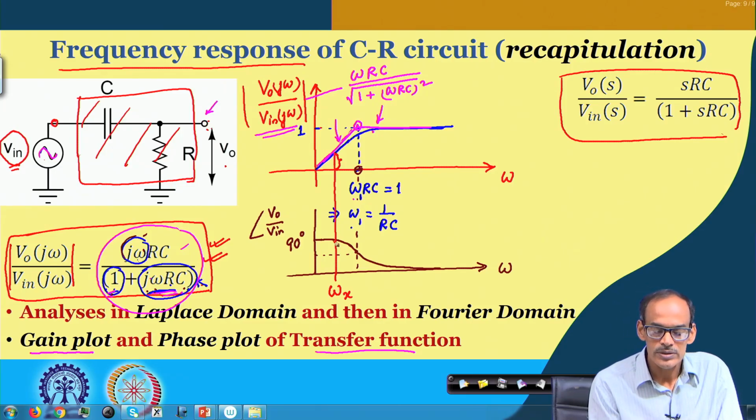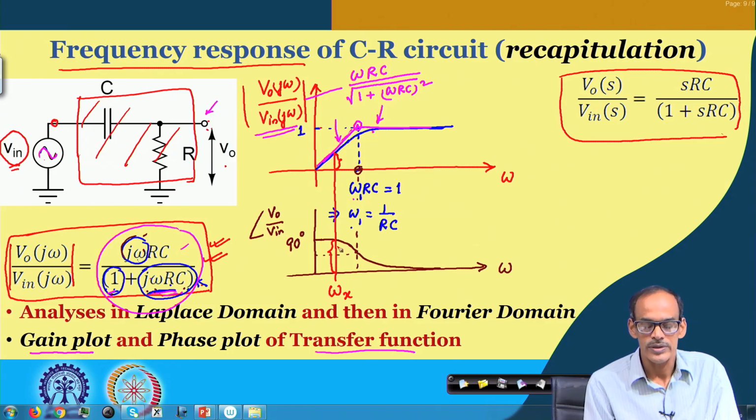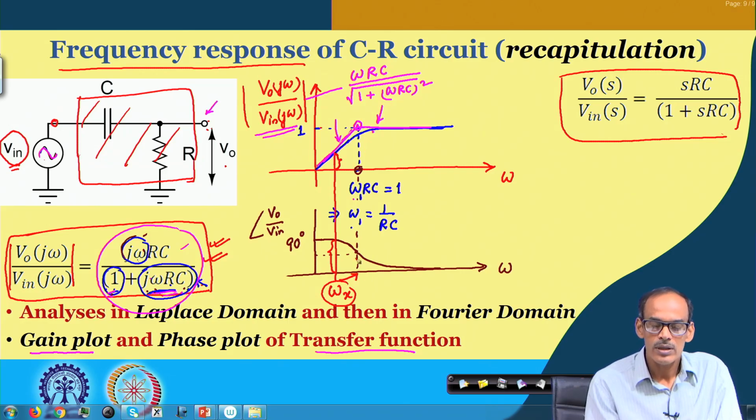In addition to that, it will also have a phase shift of almost 90 degree. On the other hand, if I change this frequency to exactly omega 1, then the magnitude change can be obtained from this one.